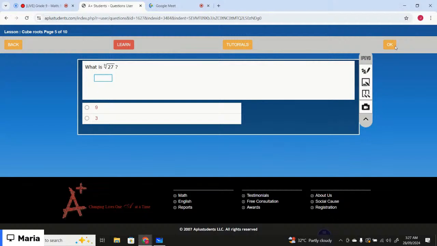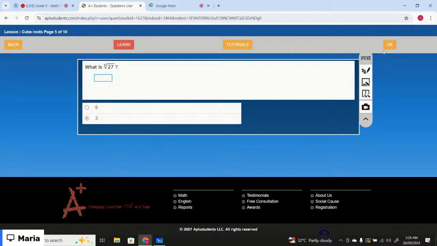What is the cube root of 27? So which is the correct option? That is 3.